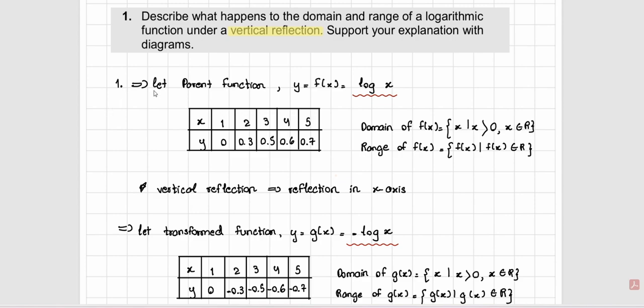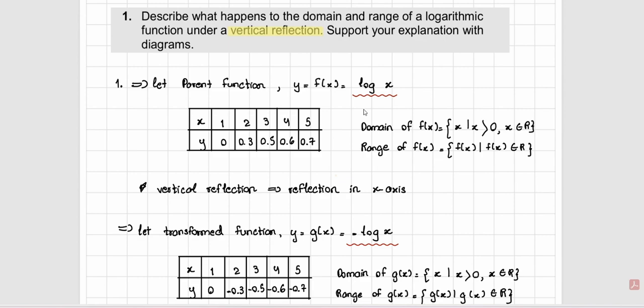Before we start off, we need to let the parent function be something. So I let my parent function y equal to f of x equal to log x. I've already drawn the table of values for f of x equal to log x. For any values of x in log x, it cannot be 0 or less than 0 because it's undefined.